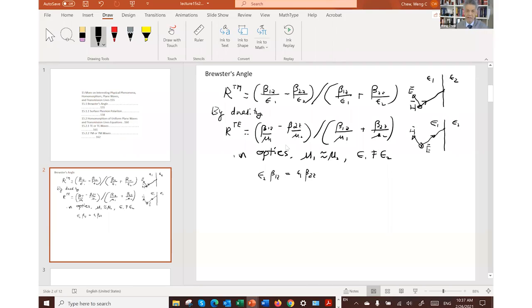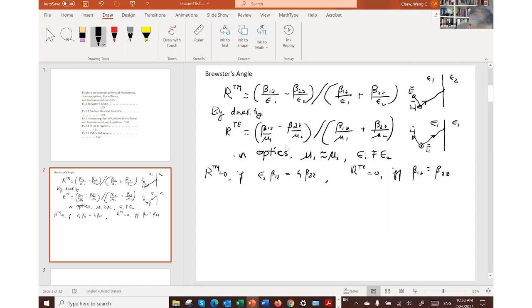Then the numerator of R_TM would be 0. Whereas if mu_1 equals mu_2, this would only be possible if beta_1z equals beta_2z. And if you solve this equation, you can see that that is a contradiction. Beta_1z and beta_2z are never going to be equal to each other if the two media are different. So it's not possible to get R_TE to be 0, but it's quite possible to get R_TM to be 0.